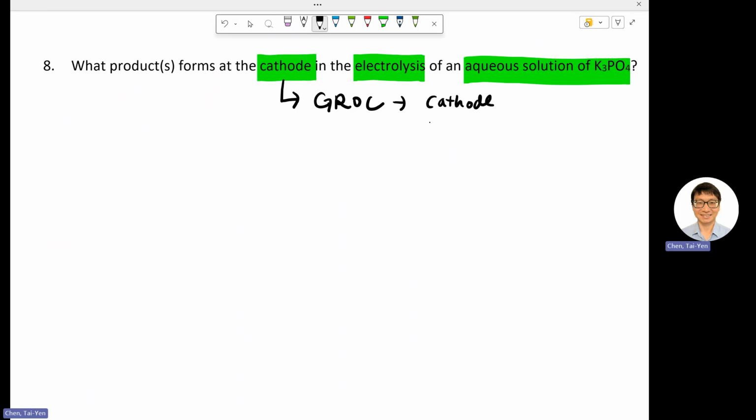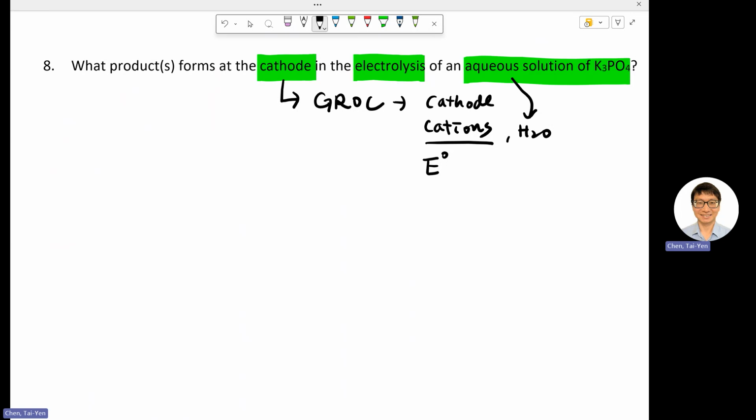So the species you care about are ions and H2O because you have an aqueous solution, right? And then the thing you want to look for is your reduction potential. Whichever has the less negative reduction potential, that species will be your answer.